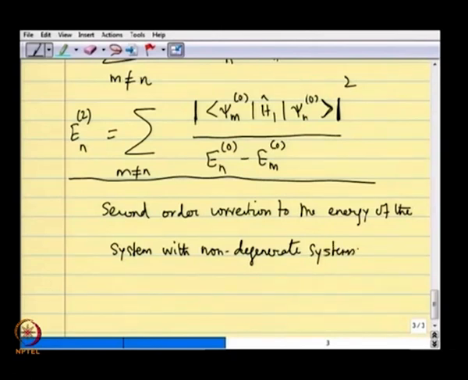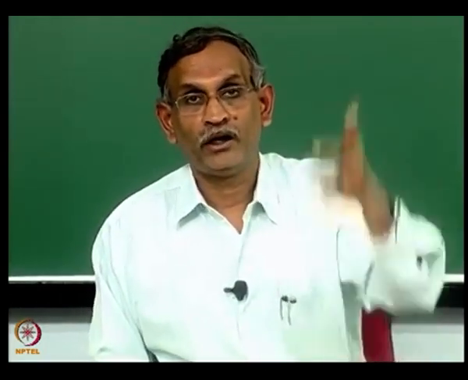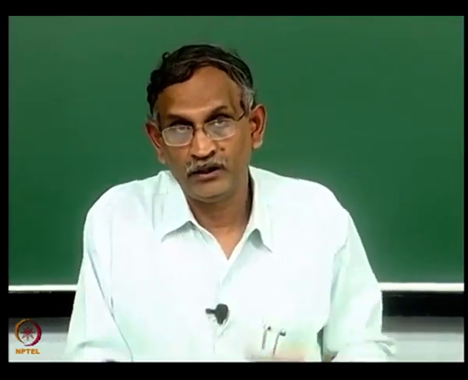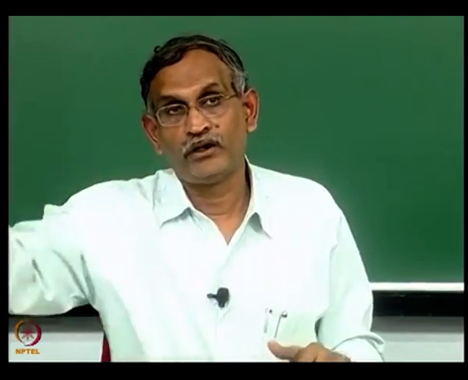So, what you are looking at is a matrix element. If you recall the last lecture, I drew the matrix for H1 and I showed you that there are diagonal elements and off diagonal elements if you organize the basis functions of the zero order Hamiltonian in the same order in the different rows and also in the different columns.